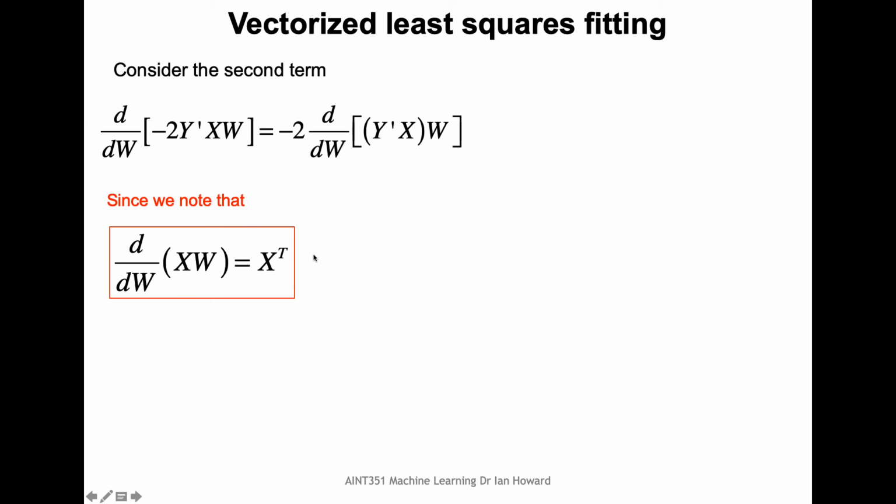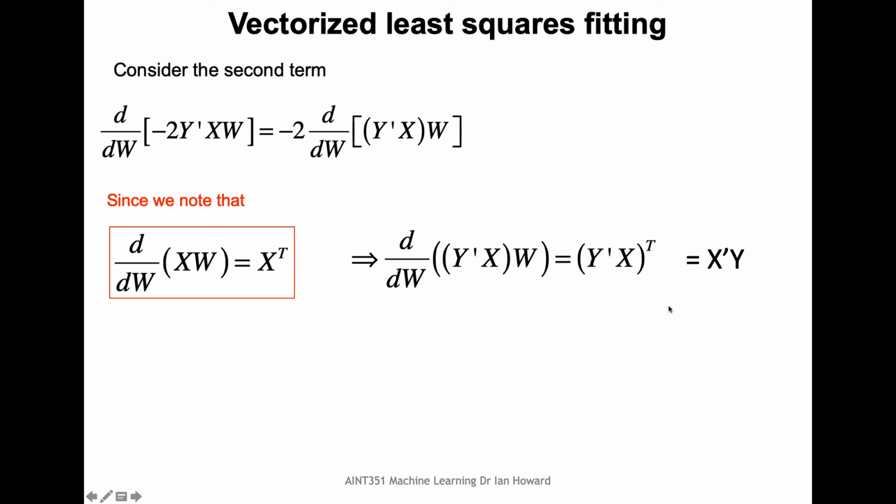Looking at this, the y transpose x corresponds to the x, so when we take the derivative, the w disappears, and we end up with the transpose of the first term in brackets.